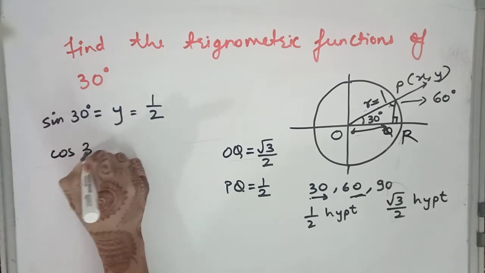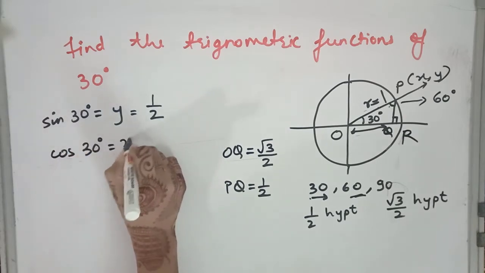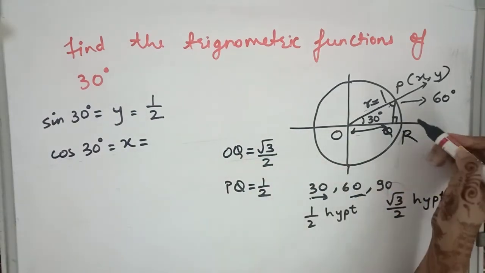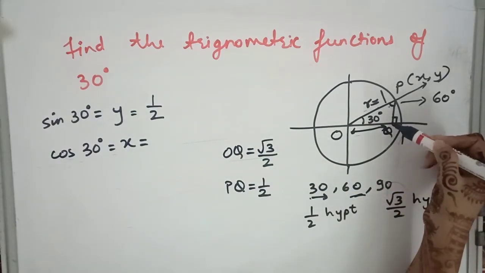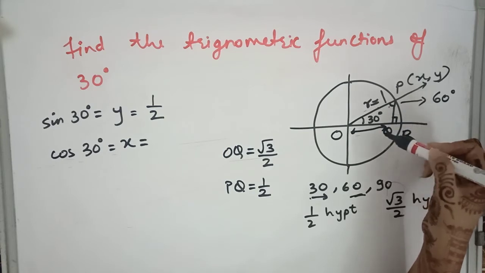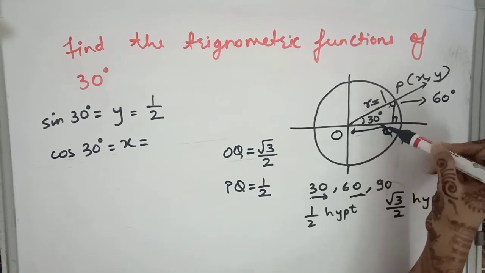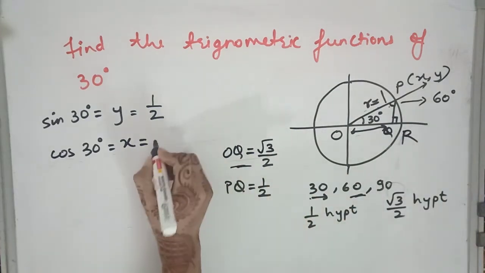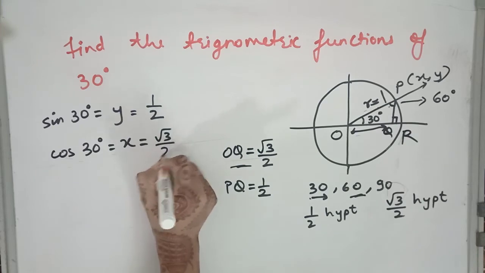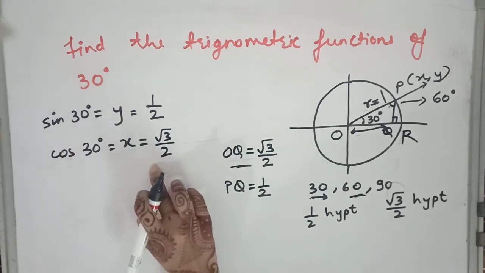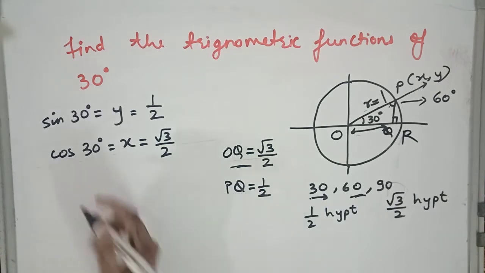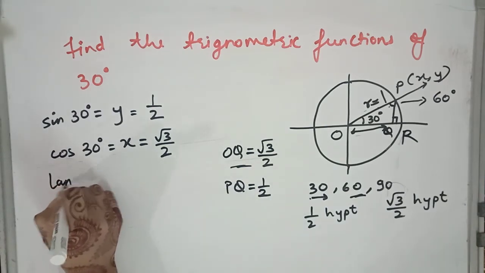Cos 30 degrees. Now we know cos is the x coordinate, so this x coordinate OQ, that is the side opposite to 60 degrees, is √3 upon 2. So our cos 30 degrees will be √3 upon 2. Tan 30 degrees.